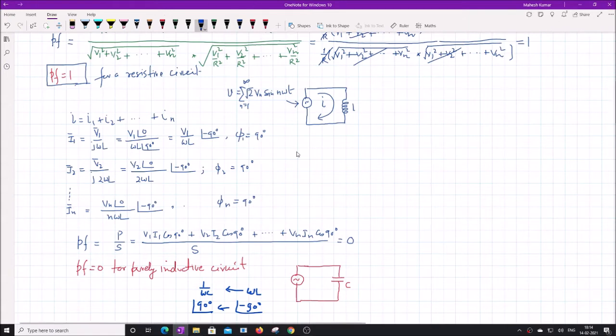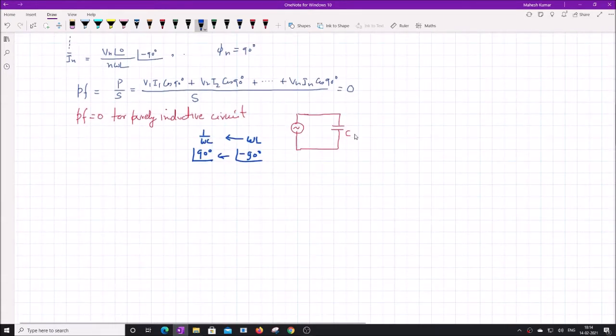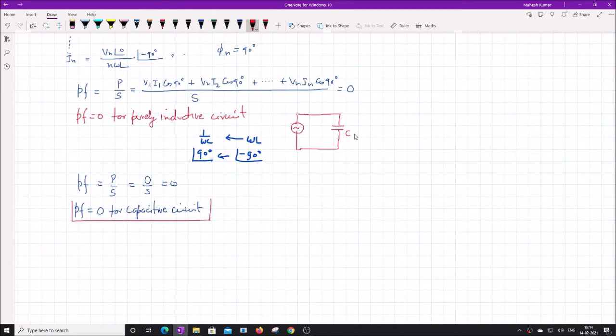The rest remains the same, and therefore for this case also the power factor is P by S, cos 90 remains, so it becomes 0. So the power factor is 0 for a purely capacitive circuit, irrespective of the fact that there are harmonics in the voltage and current.